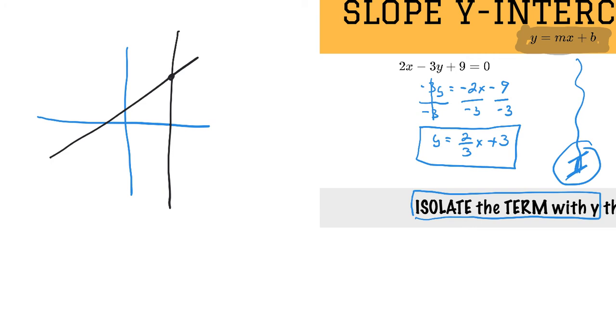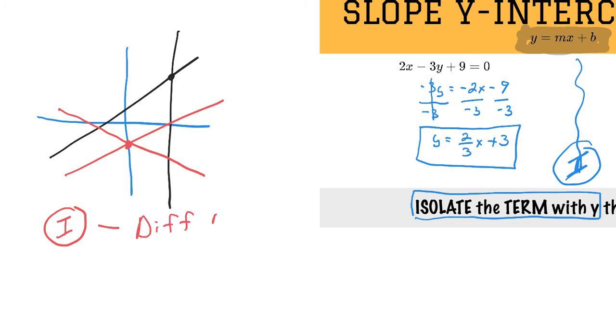But you could also have a situation where the lines cross on the y-intercept, so you would have different slopes but the same y-intercept. So when you're looking at intersecting lines, what you want to remember is that you just have to have different slopes for the condition to be true for intersecting lines.